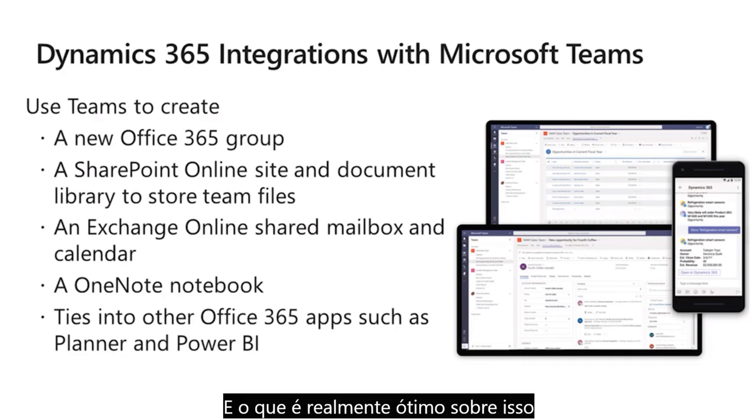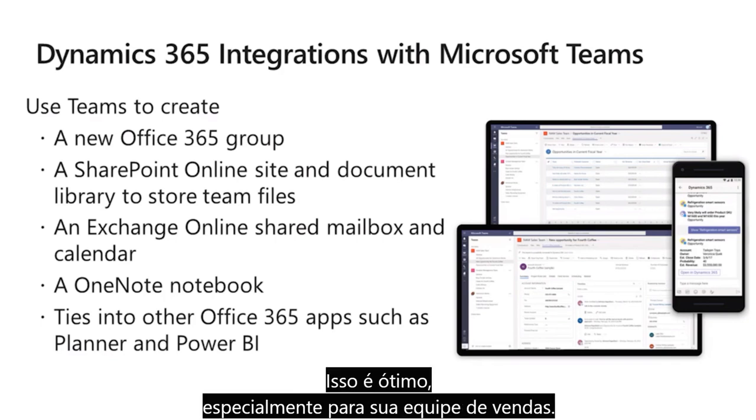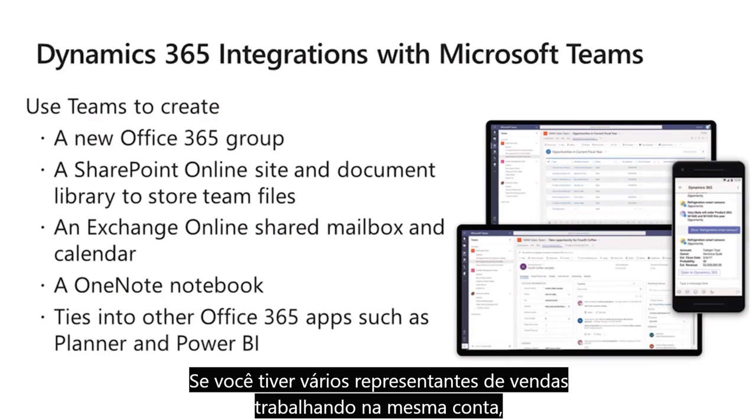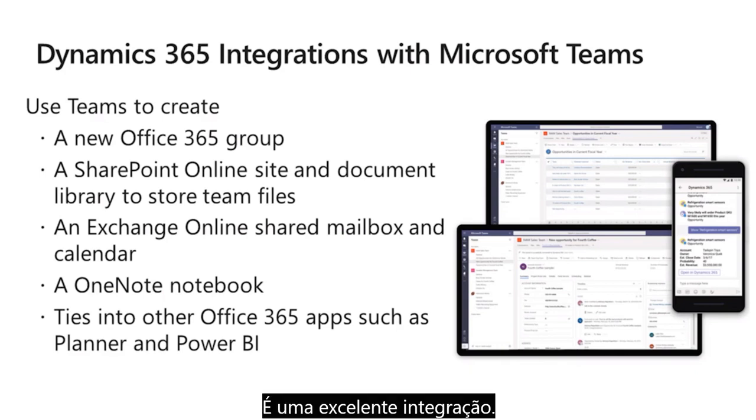What's really great is you can link your Dynamics 365 applications or records directly into Teams. This is especially great for your sales team. If you have multiple sales reps working on the same account, this allows them to collaborate in Teams directly. It's such a great integration.